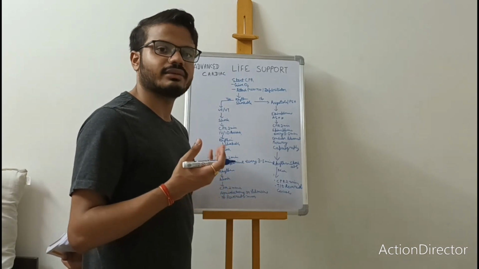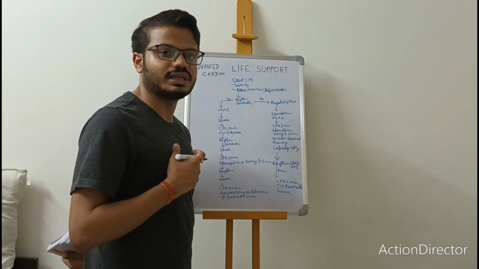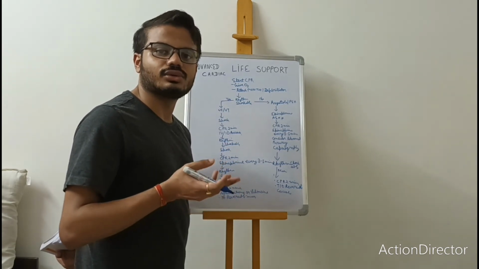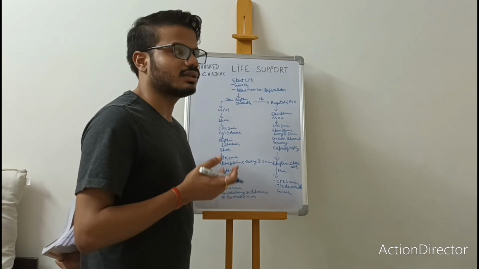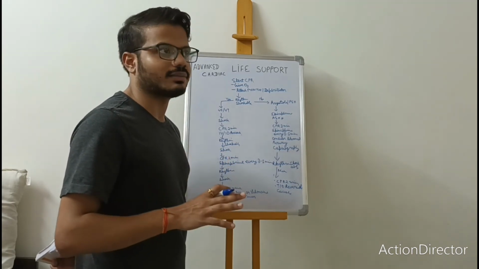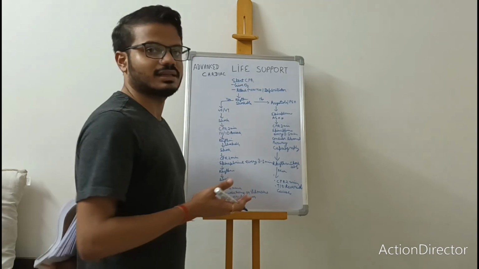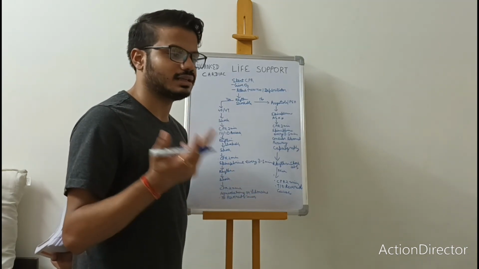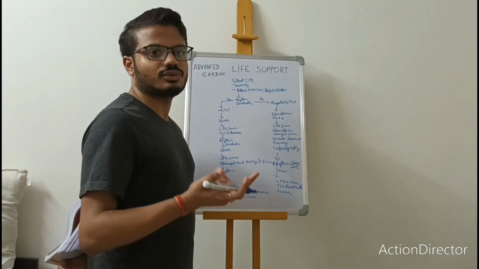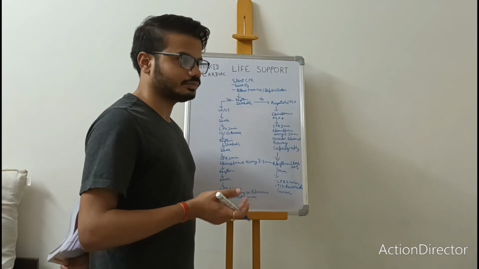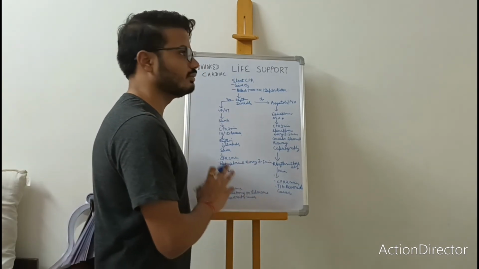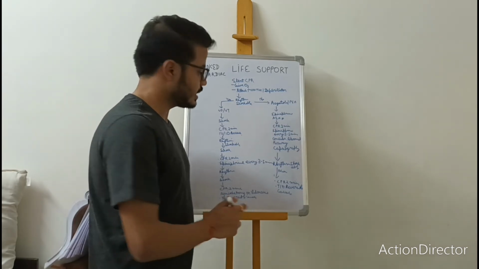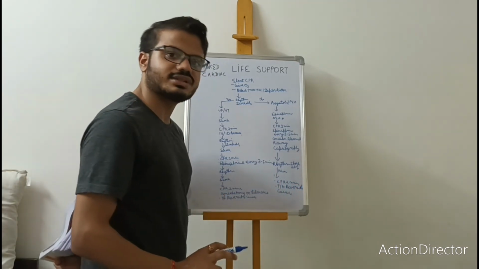Because when it happens to one's own relatives, then you may know the consequences. So friends, hope it doesn't happen with anyone, but still life is all destined, so nobody knows what will happen when. So friends, we continue this, and finally we treat the reversible causes.